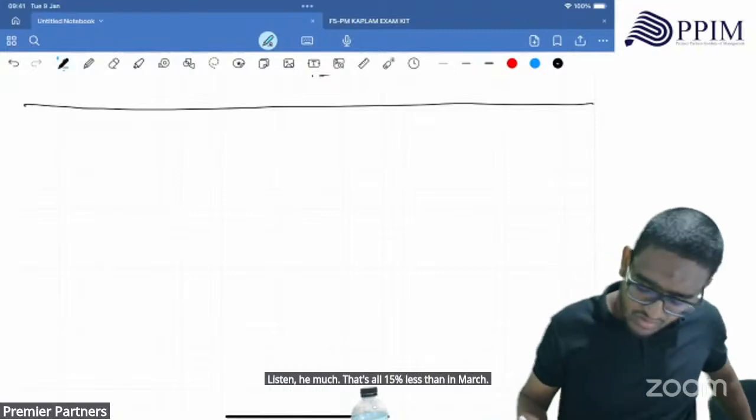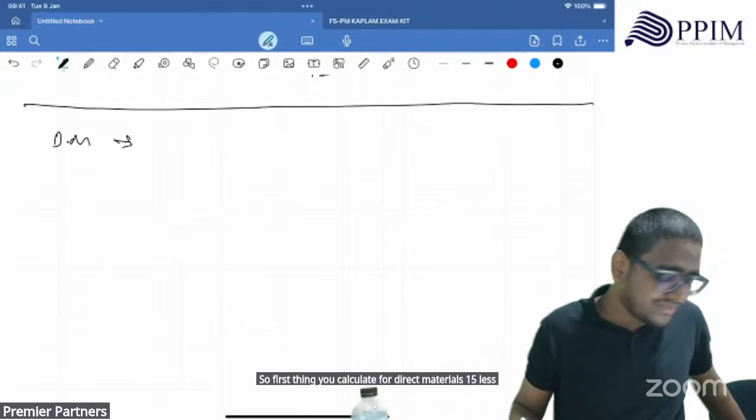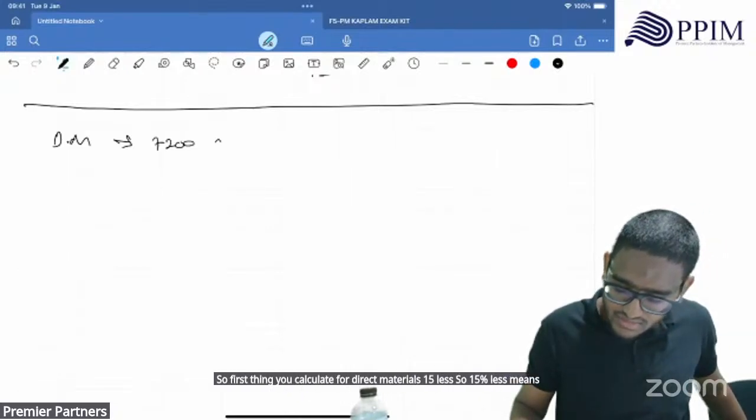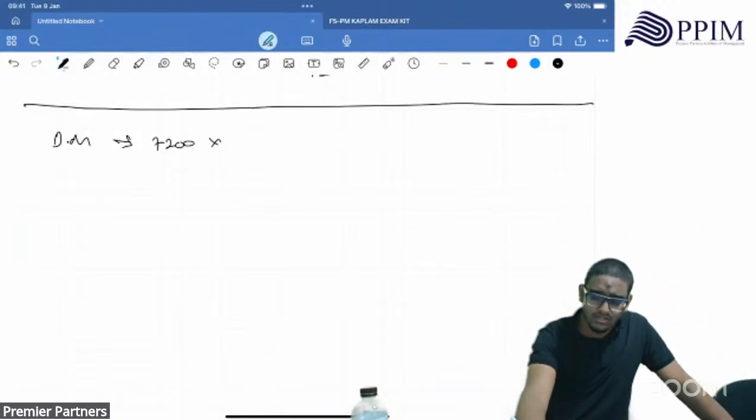So first thing, you calculate for direct materials, 15% less. So 15% less means 7,200 into 0.85, no? 15% less.